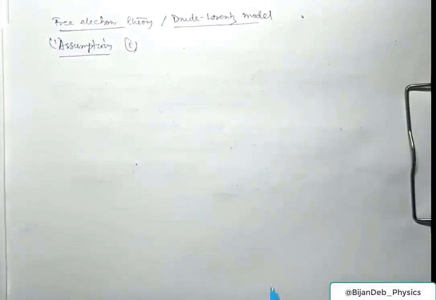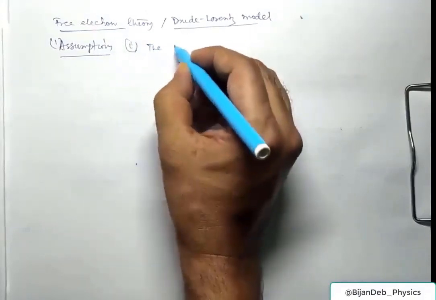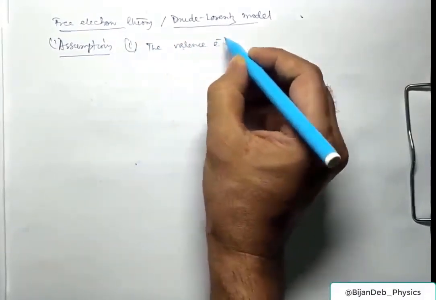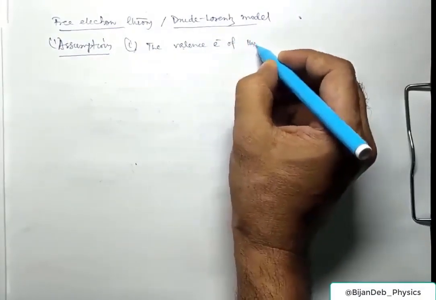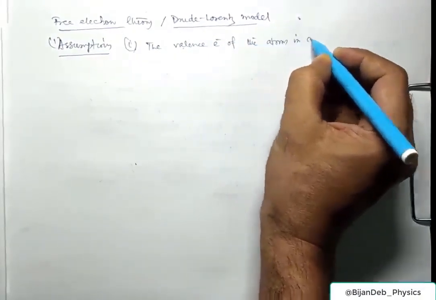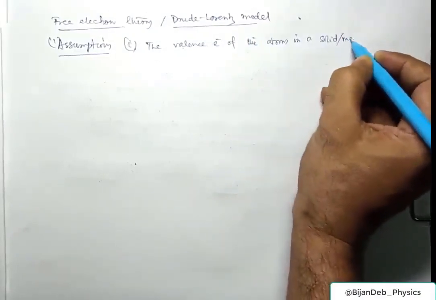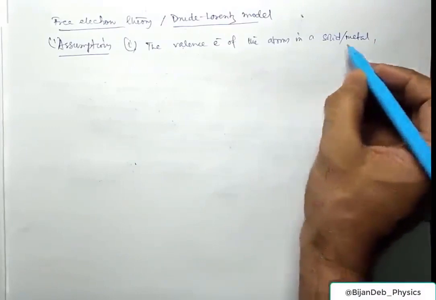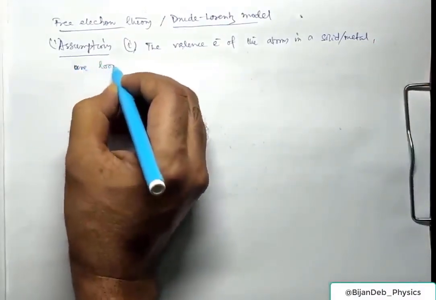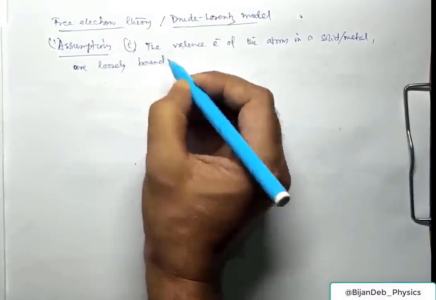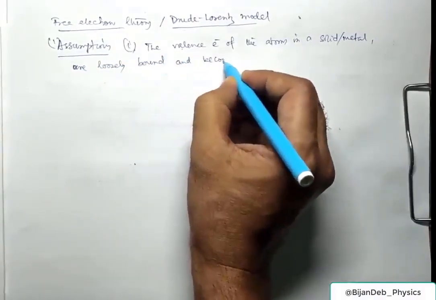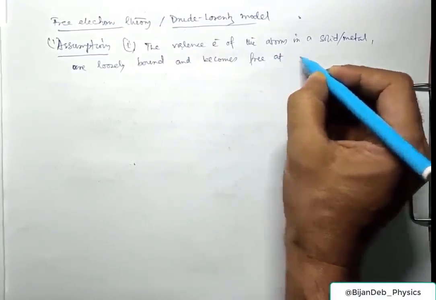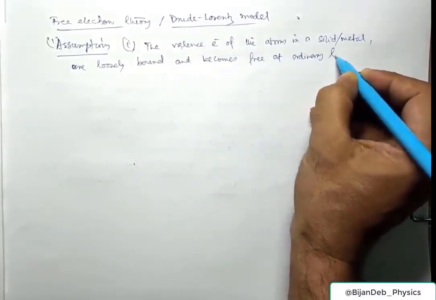One assumption is that the valence electrons of the atoms in a solid, or say in a metal, since here we are considering metals, which have loosely bound electrons in the outermost shell, are loosely bound and become free at ordinary temperature.